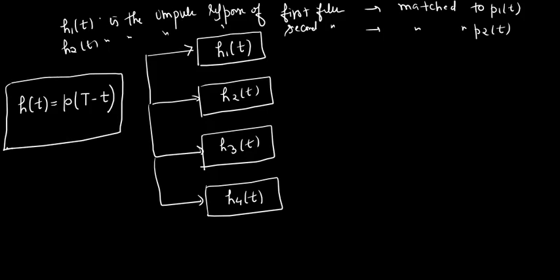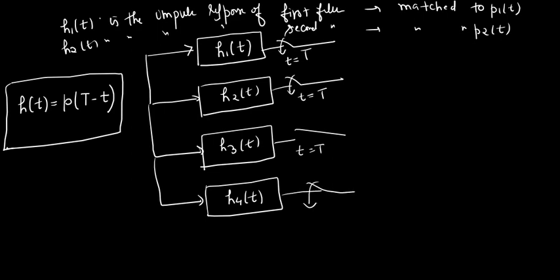So, you have to design a bank of 4 filters. Then what will you do with it? You will sample it at capital T. Here you are going to get any one of the PT, right.